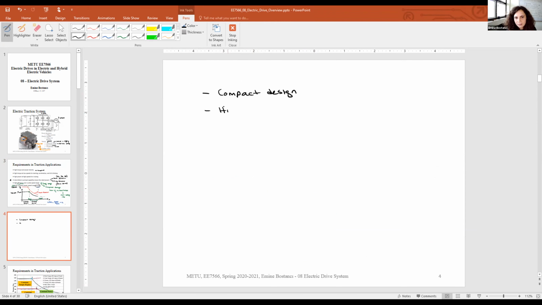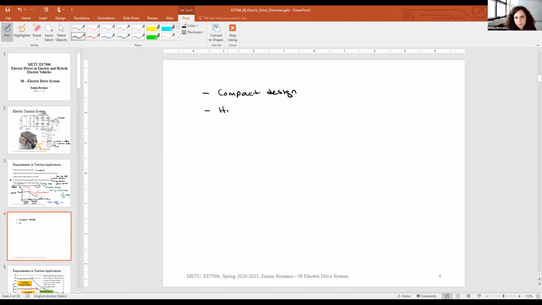These required characteristics can be thought of as high torque at low speeds and constant power at high speeds. So to get them all at once is hard.